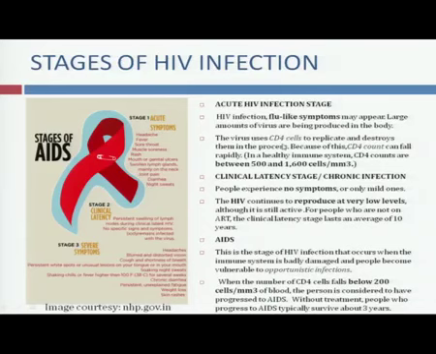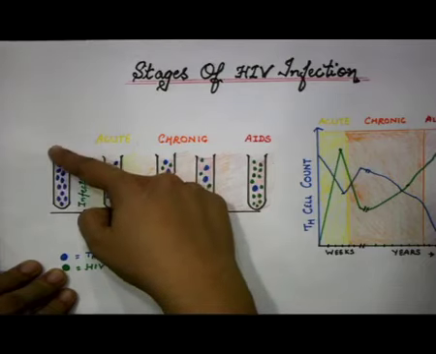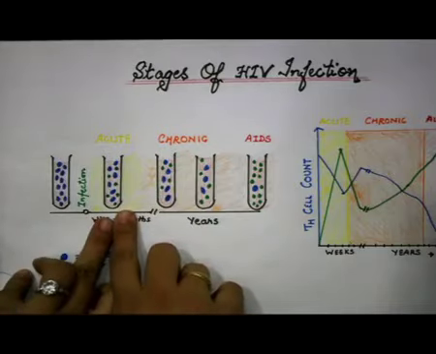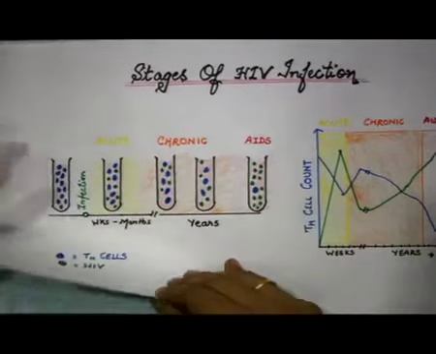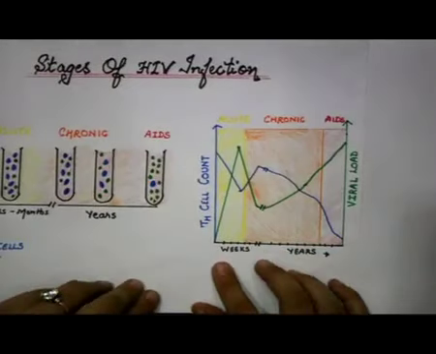The viruses use CD4 cells or the Th cells, helper T cells, to replicate and destroy them in the process, and because of this the CD4 count falls rapidly. Here you can see in this diagram, if earlier CD4 count was this, it has reduced to this much. We can see this with the help of a graph also.